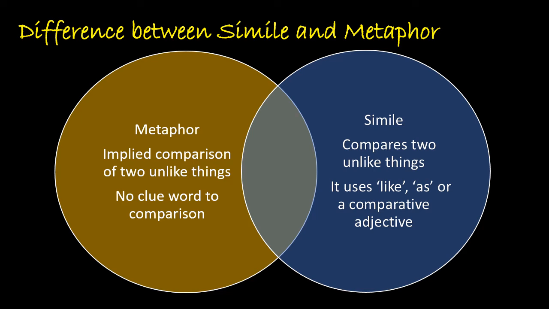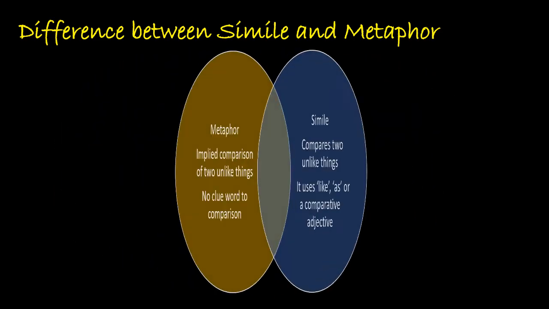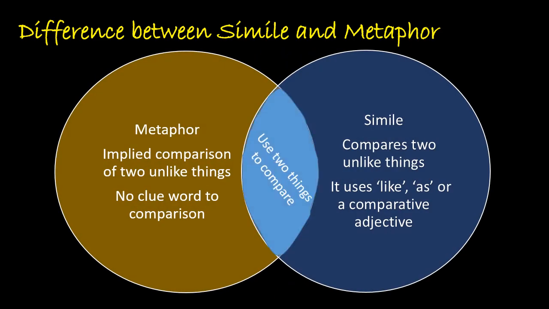And if you see, both of them have two different things to compare. In the middle blue area, I have given the two common things for both simile and metaphor, and the way to identify them. In simile, the words like or as will be used, and an indirect comparison will be a metaphor. So this is a difference that you can identify.